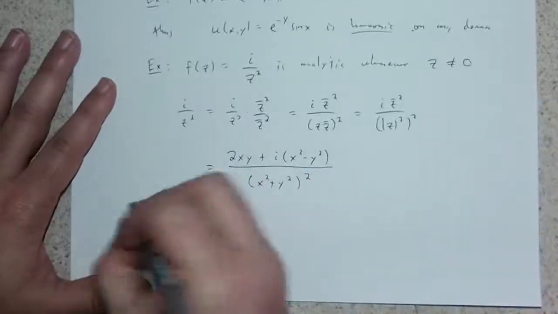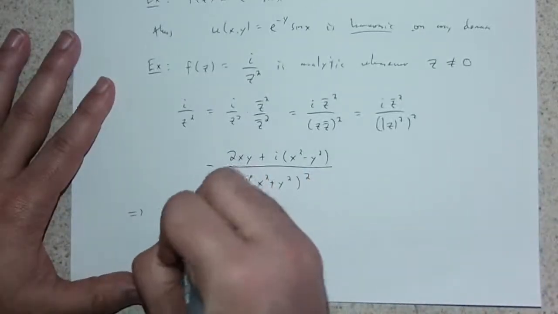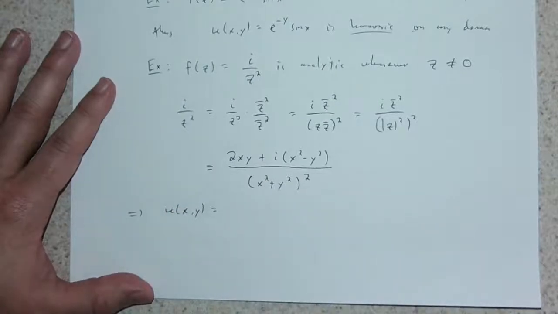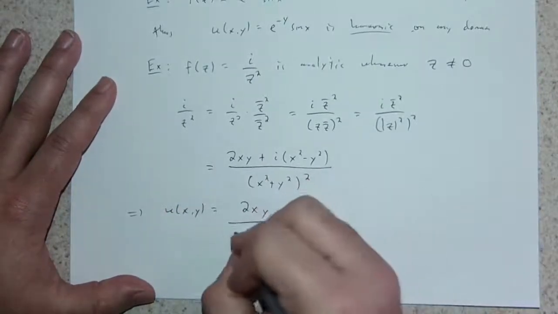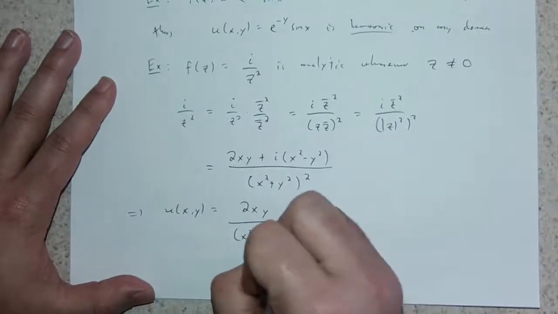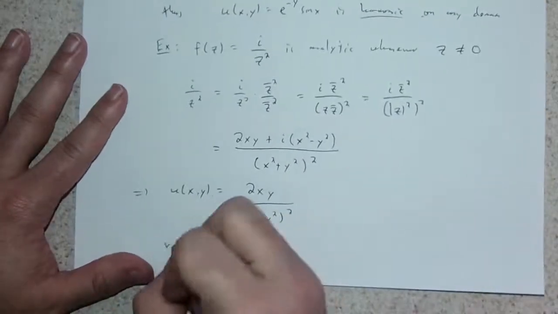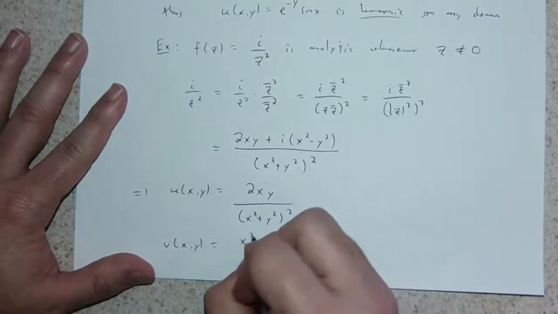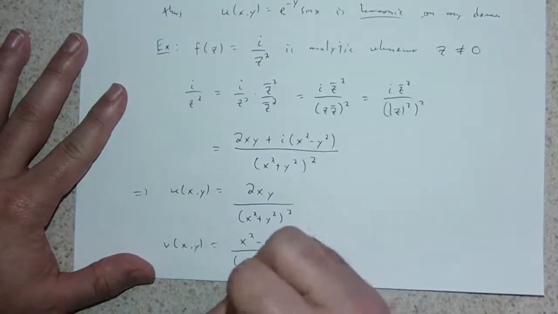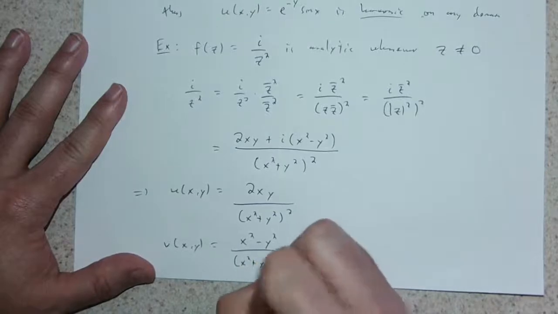And so if I take the real and imaginary part component functions here, u of x,y is 2xy over x squared plus y squared, squared, and v of x,y is x squared minus y squared over x squared plus y squared, squared.